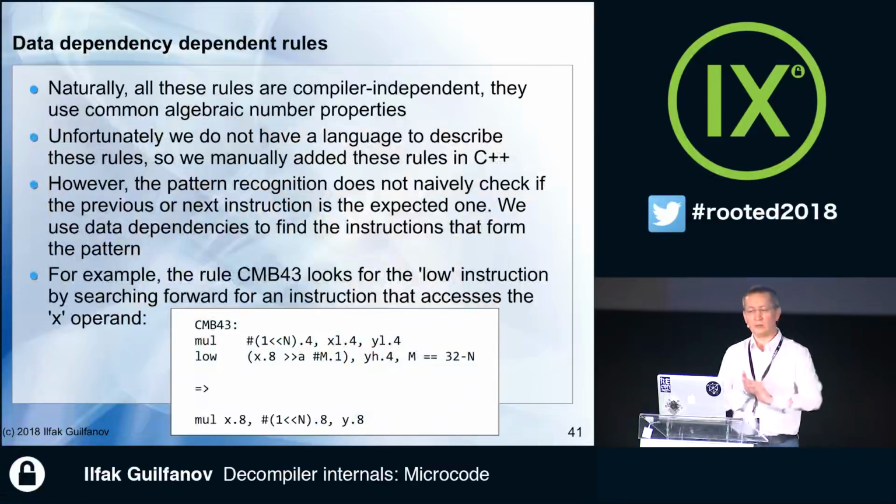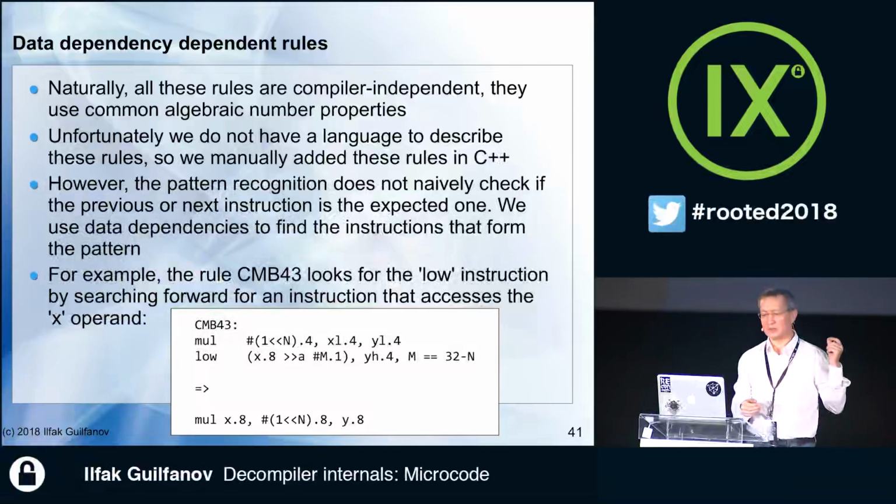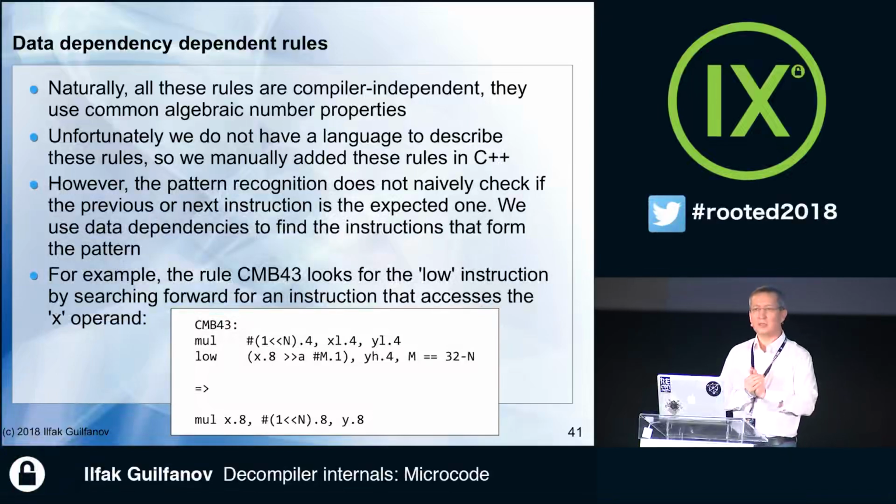When these ants or rules try to match something, for example, we had these two subtraction instructions. We don't naively match them, one subtraction instruction and immediately after that another subtraction instruction. No, instead of that we use data dependency rules.